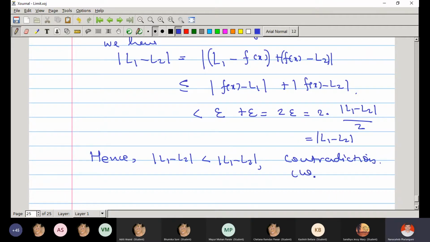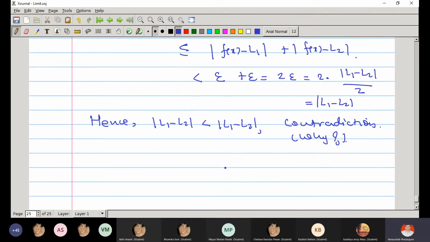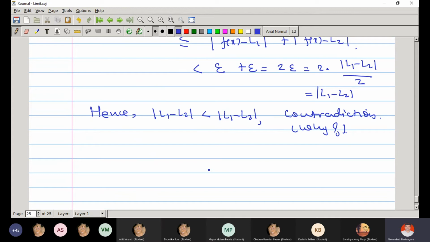Why a contradiction? A number cannot be strictly less than itself, so this gives us a contradiction. And what leads us to the contradiction? Hence our assumption that L1 is not equal to L2 is not true.